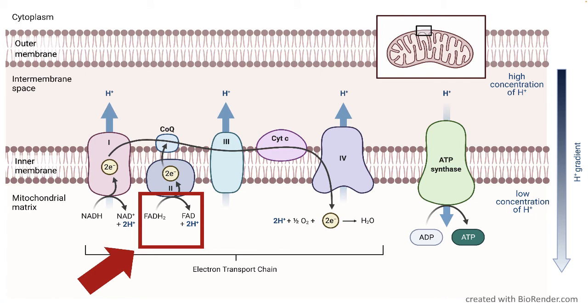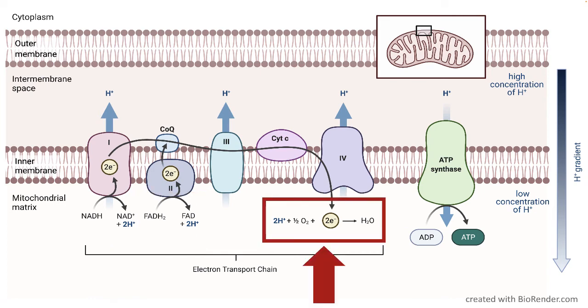These electrons that are delivered by NADH and FADH2 are passed through the electron transport chain to oxygen, which is the final electron acceptor. Remember that oxygen can pick up 2 electrons and also 2 hydrogen ions, and combine to form water, which is one of the major outputs of cellular respiration.